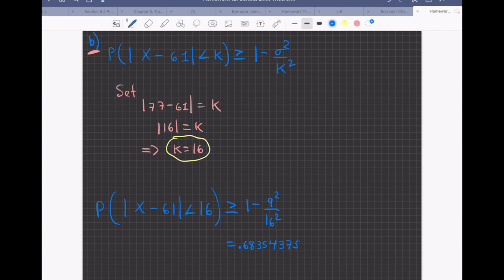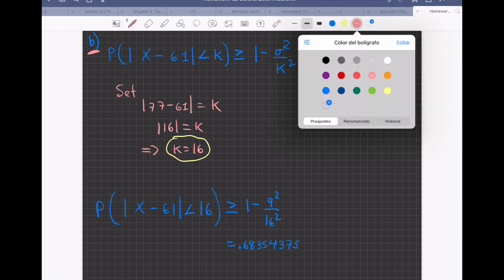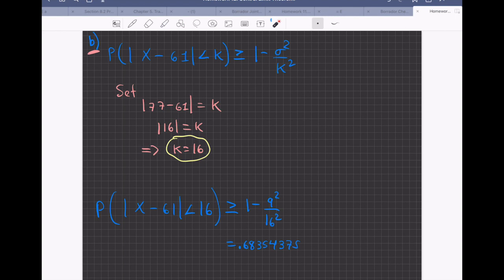And one note, the same as before. When you have the absolute value less than k, what does this mean? It means that x minus 61 no more than k implies that the distance between the values of x and the mean 61 is no more than k.